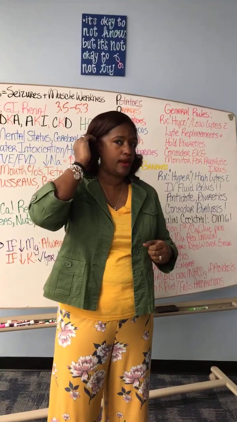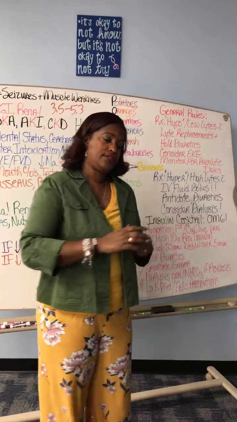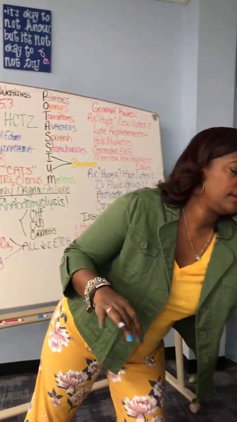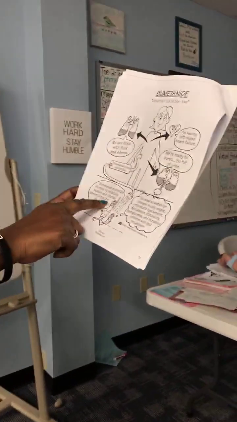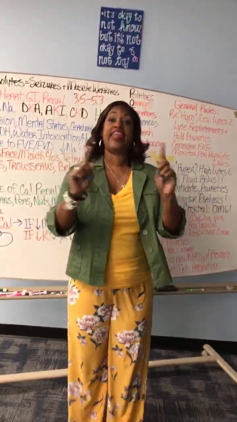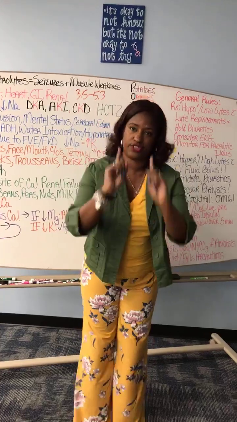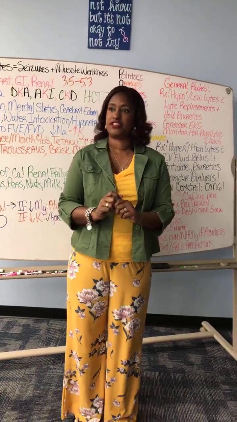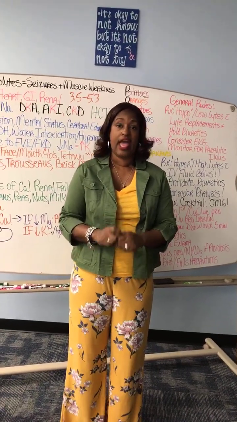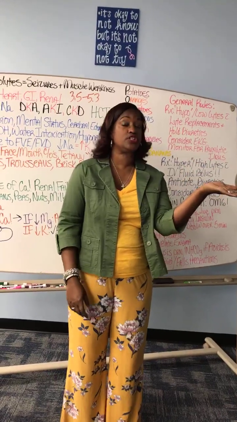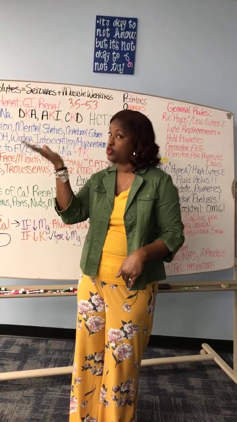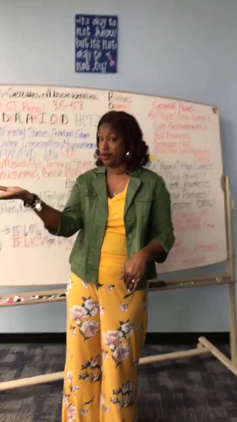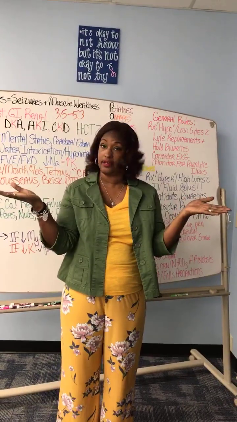Now let me say it better. Maybe I don't say, and let me read it, maybe I don't say inhibits sodium and chloride absorption in the loop of Henle. Maybe I say it like this: enhances the excretion of sodium in water. I just said the same thing. If I say it enhances the excretion of sodium in water versus inhibits the absorption of sodium in water in the loop of Henle, I said the same thing.